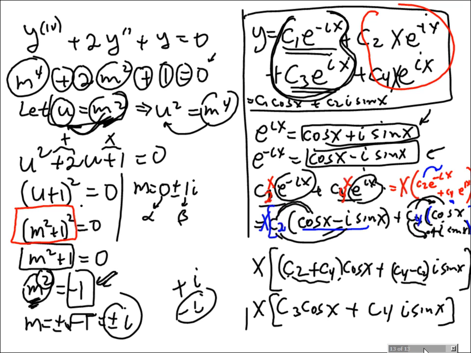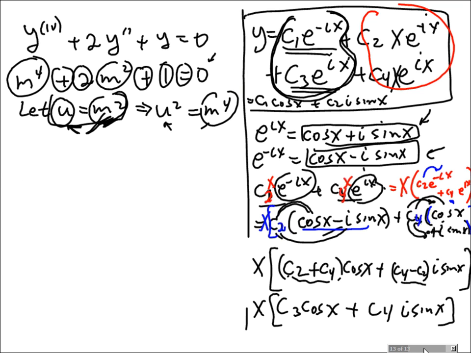So, if I come down to the bottom left, and concentrate right up here, I had my general solution as the sum of those four terms. And I rewrote the sum of those two right underneath.